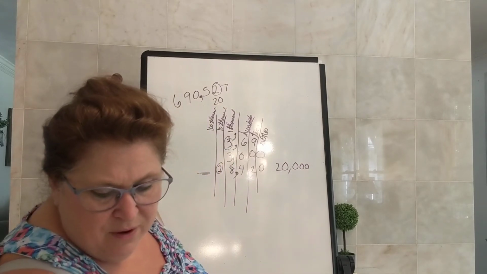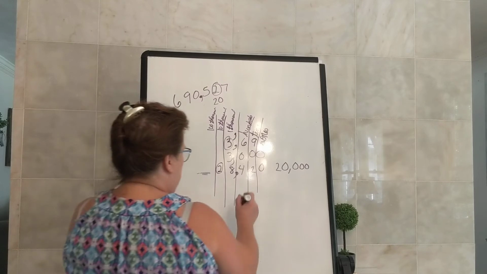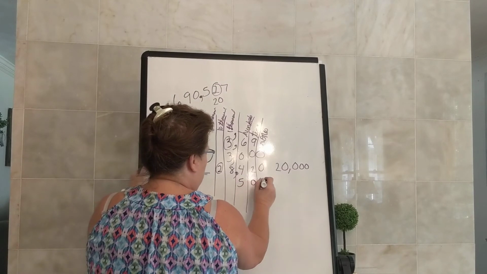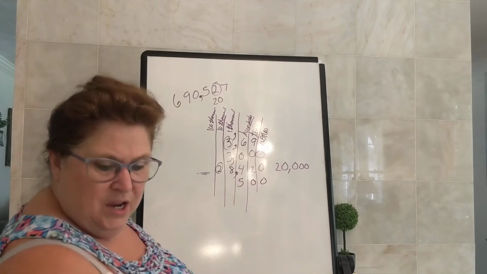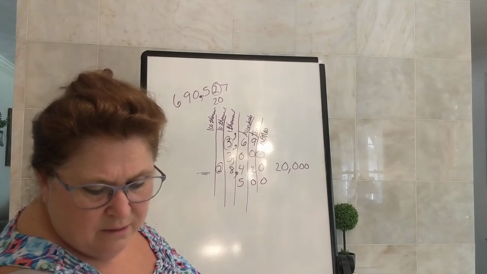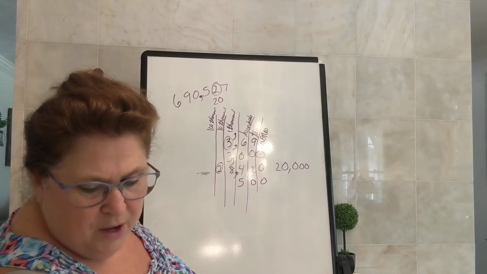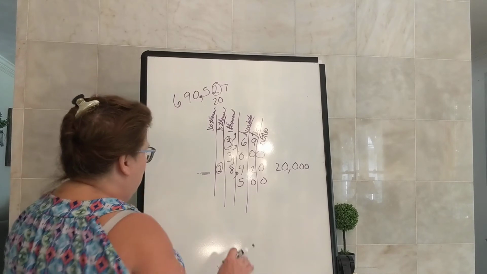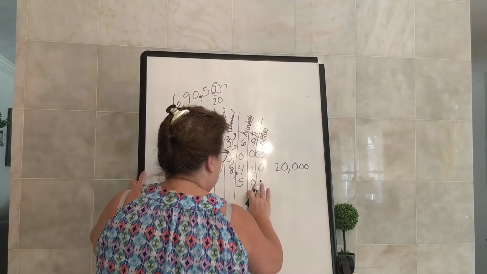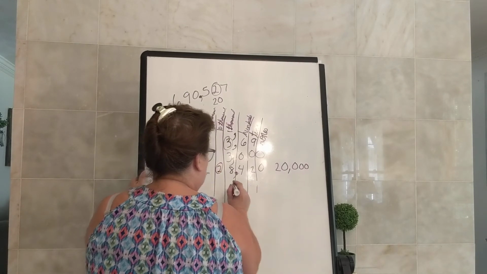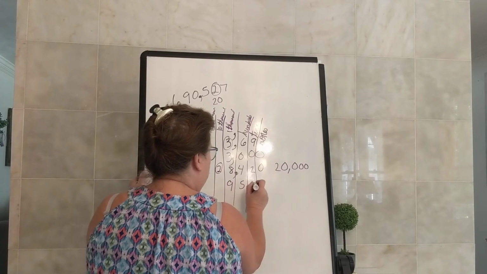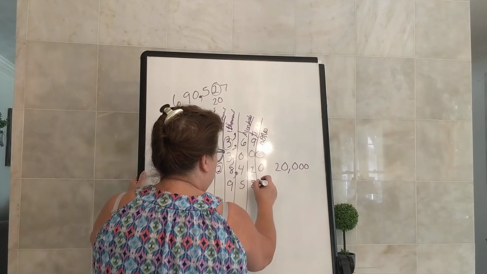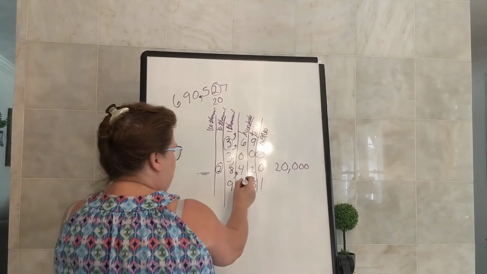Next we have 500. Oh no, I'm sorry, 9581. My goodness, guys, I'm sorry. 9581. And they have the 5 circled.